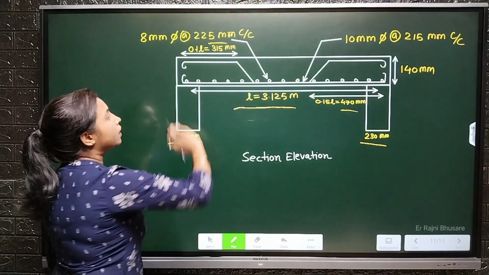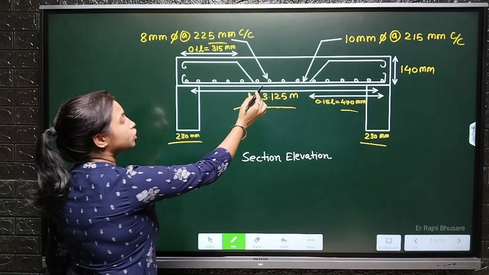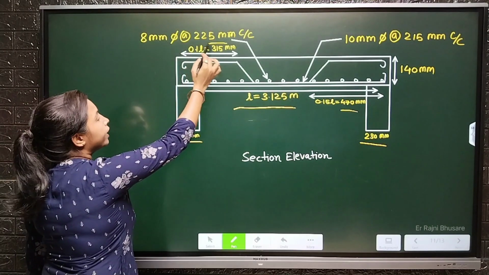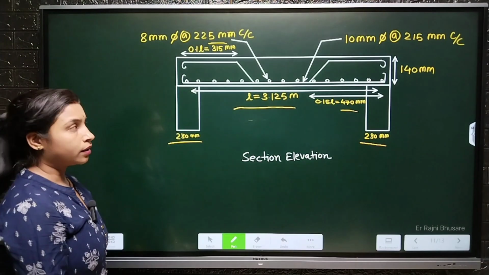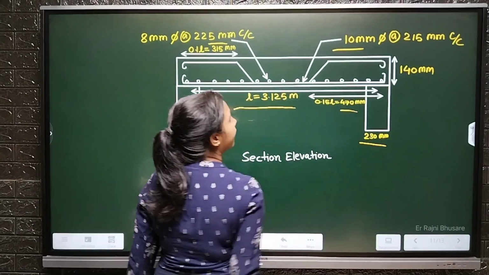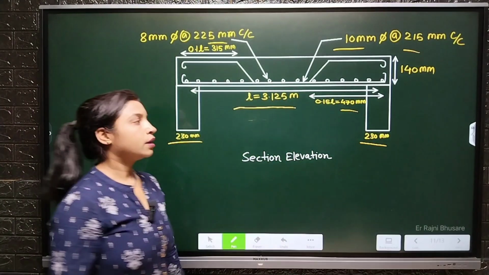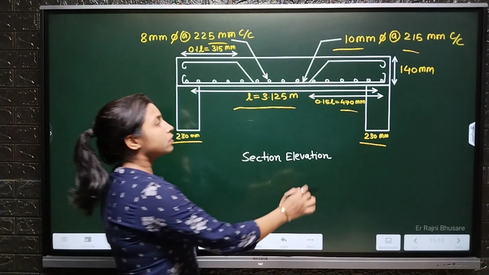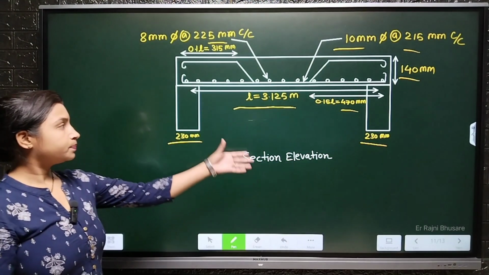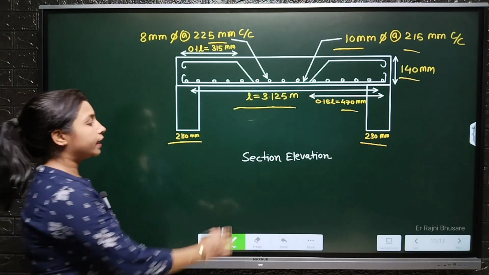Provided 315 mm, and there it is called distribution steel, provided 8 mm dia bar at the rate of 225 mm center to center. This is called main steel, provided 10 mm dia bar at 215 mm center to center. Is that clear? And the overall depth is 140 mm.